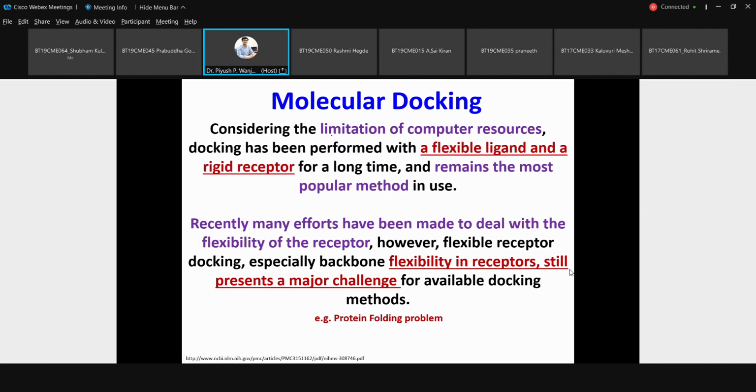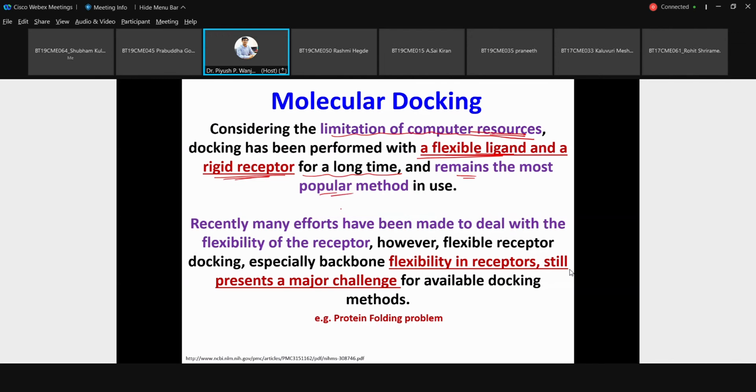As per the limitation of computational resources, docking has been performed with a flexible ligand and a rigid receptor for a long time. From whenever docking came into existence, this is what people have mostly been using, and it remains the most popular method.